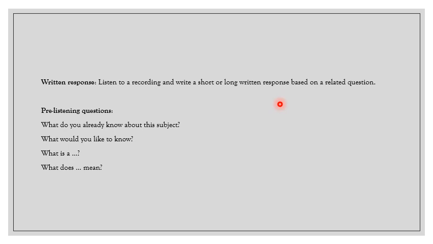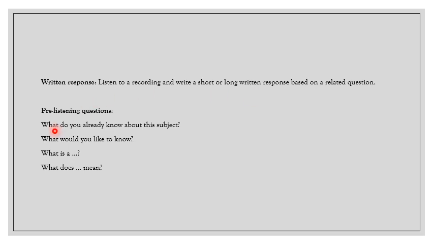So you listen to something, you understand it, or you are tested on your ability to understand, and then you are required to write something on a related question. They give you a question related to the listening and you are required to write an essay on it. So you will also be evaluated on the written piece itself, on the writing and the substance of the writing, which you are supposed to have understood from the listening.